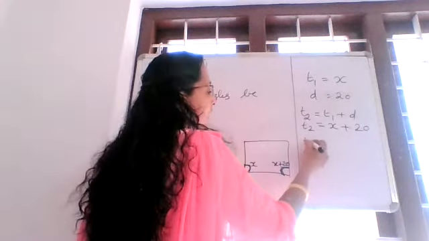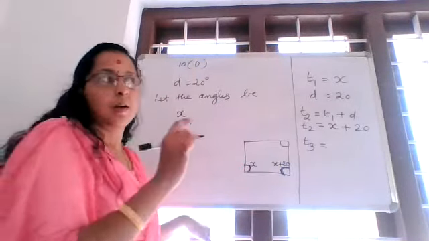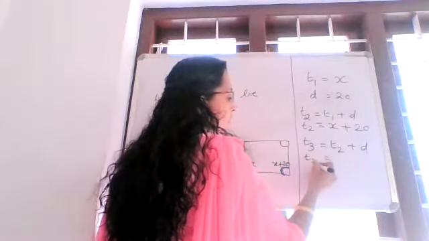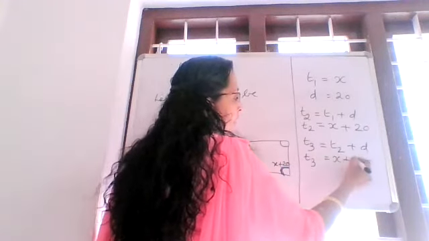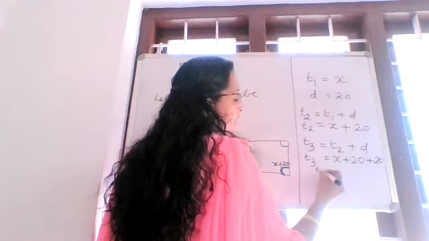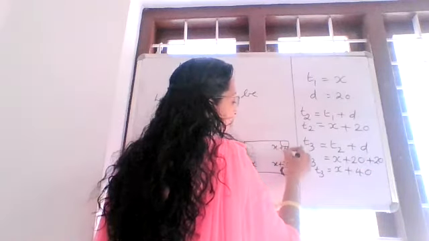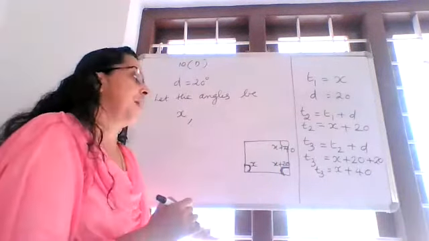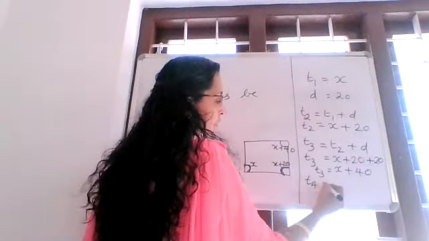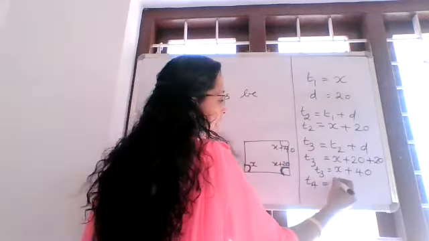Clear? Then the third angle. How can we find the third angle? T3, the third term, is T2 plus common difference. T2 we got as x plus 20, then common difference is 20, so T3 will be x plus 40. Got it? Then T4. How can we find T4? T4 is T3 plus d.